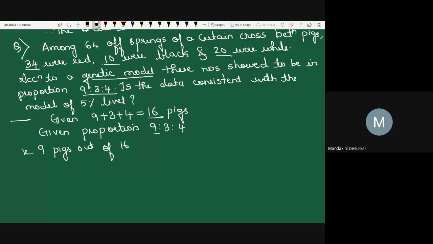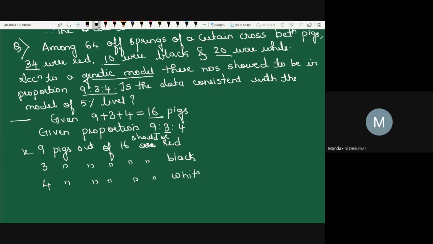So 9 pigs out of 16 should be red. Similarly, 3 pigs out of 16 should be black, and 4 pigs out of 16 should be white.